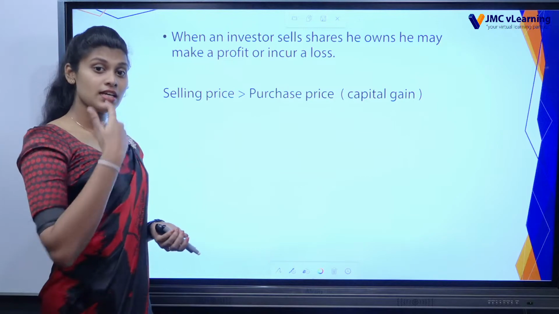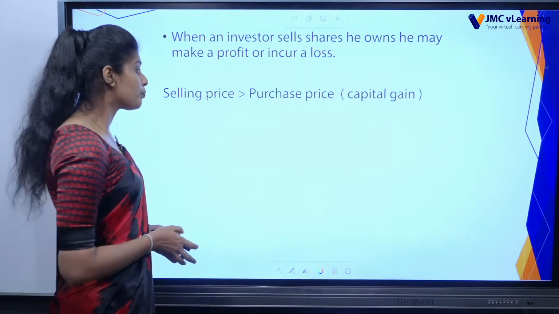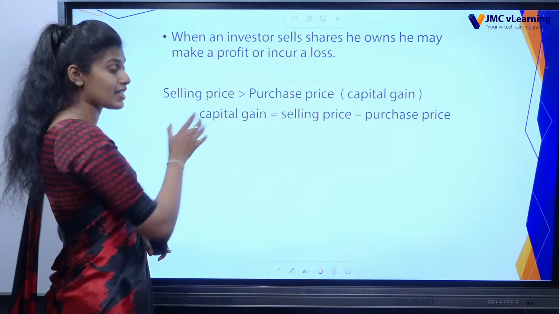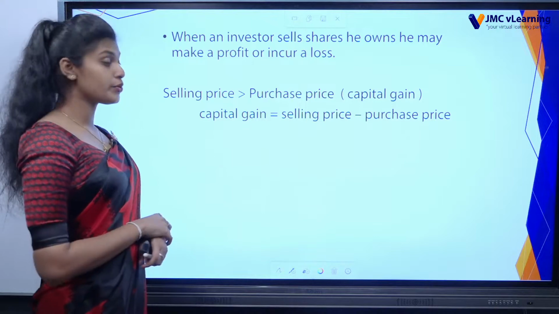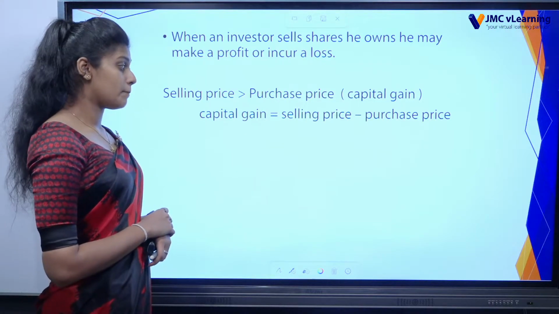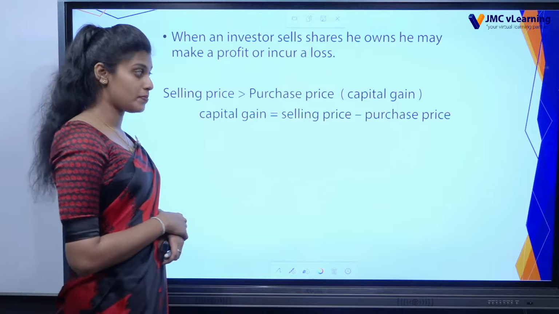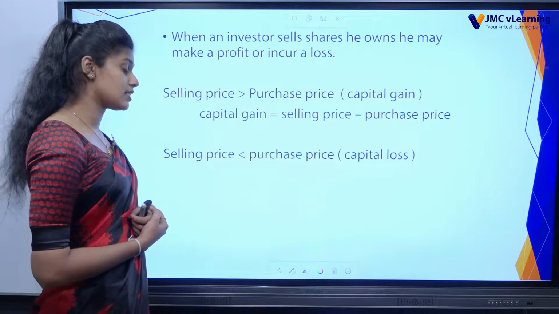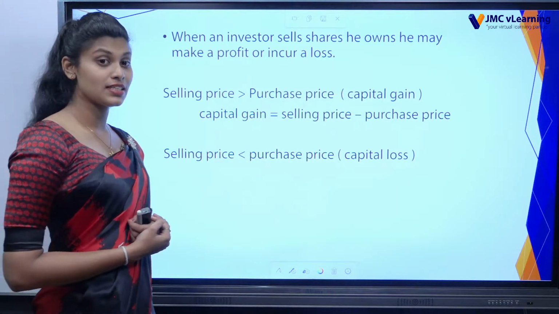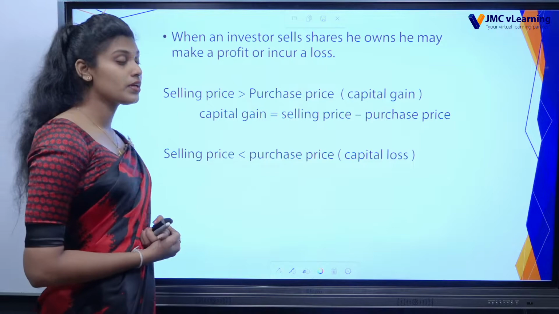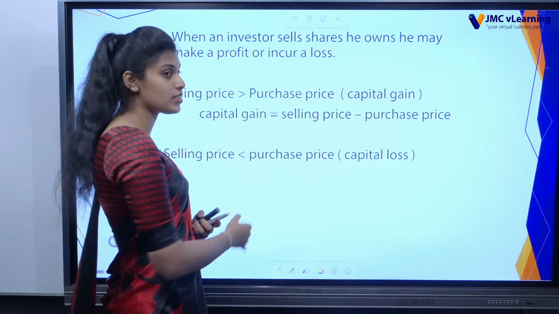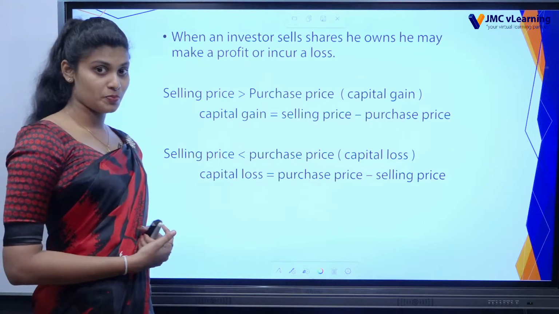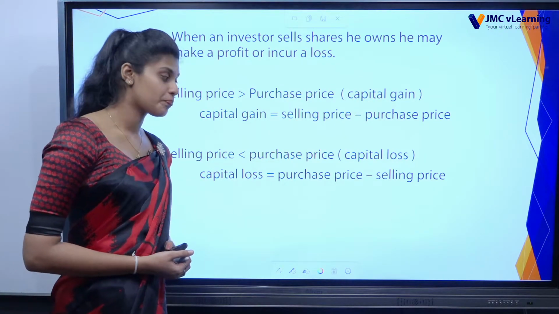The selling price is increasing, then we can take a profit. How can you find the capital gain? By this formula: capital gain is selling price subtract purchase price. When the selling price is less than the purchase price, it is a loss. How can you find the capital loss? By using this formula: capital loss is purchase price subtract selling price.